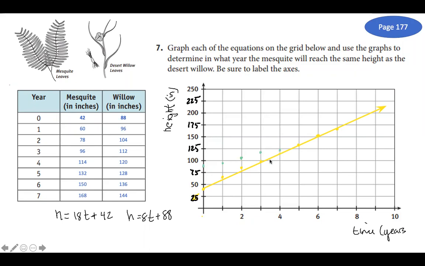I think I made that one a little too high. 5 is 130. Oh, 128. That's a little bit above 125.